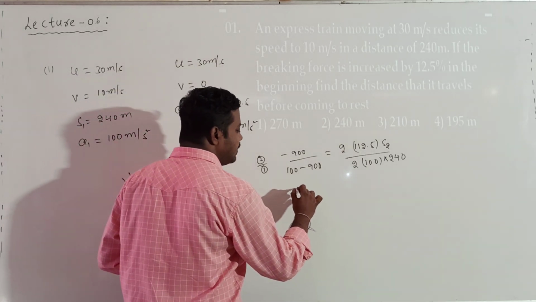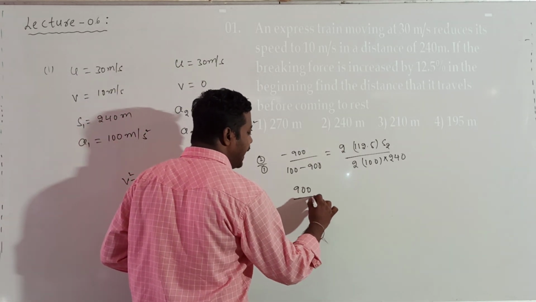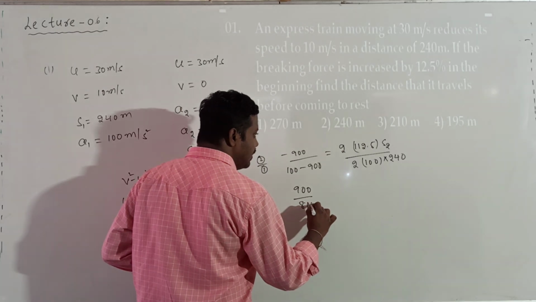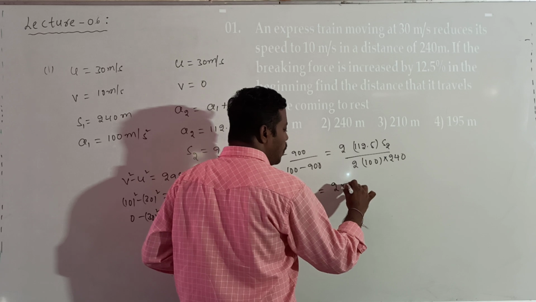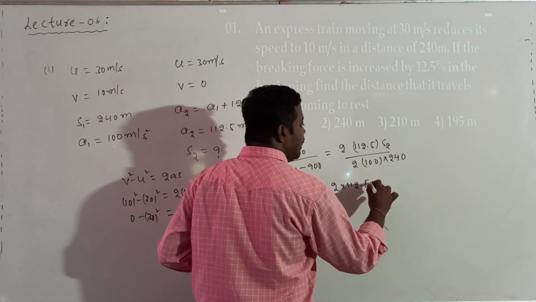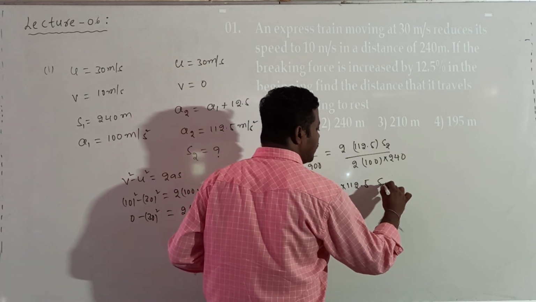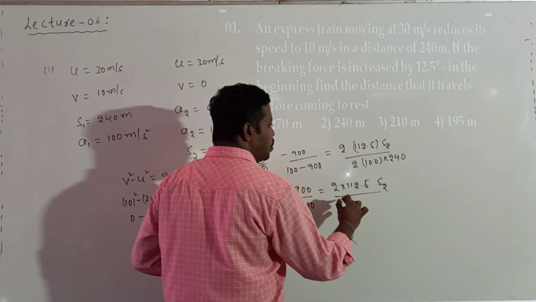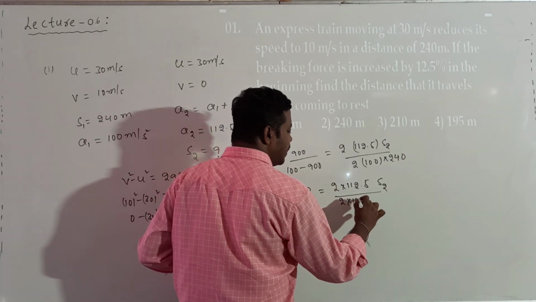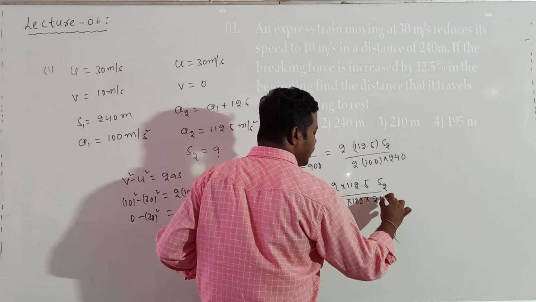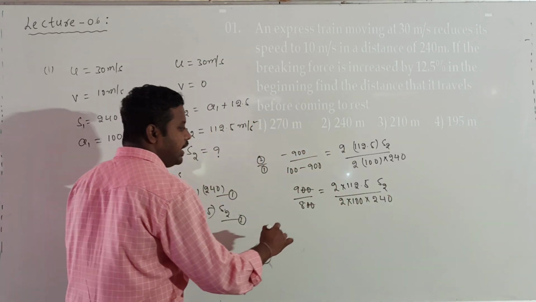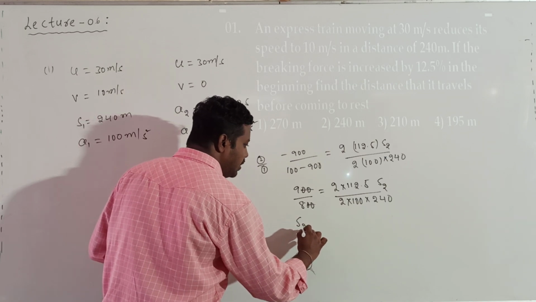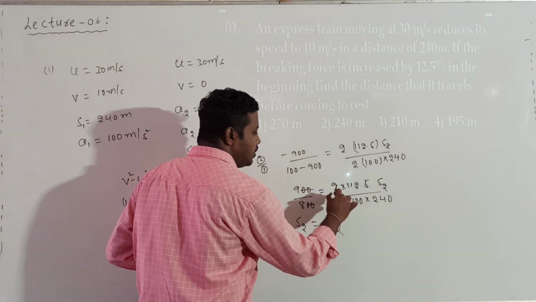Then what we get here is 900 divided by 800, minus minus cancel. 2 into 112.5 into s2 divided by 2 into 100 into 240. Then the zeros cancel, and the 2 and 2 also cancel.